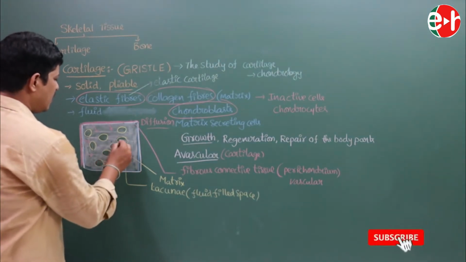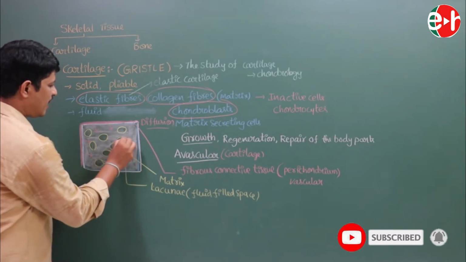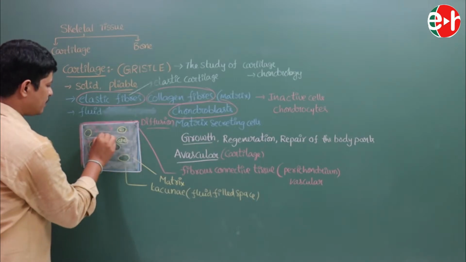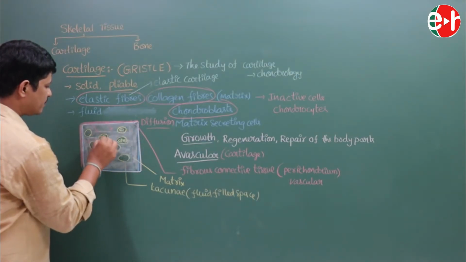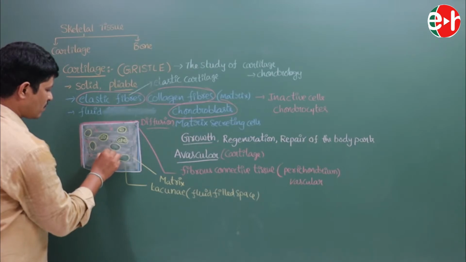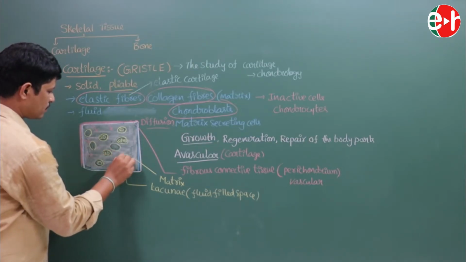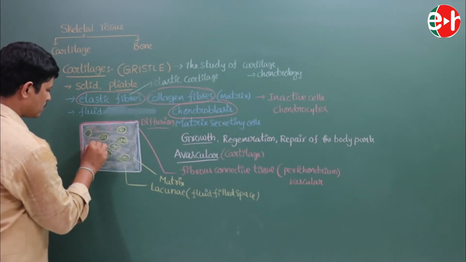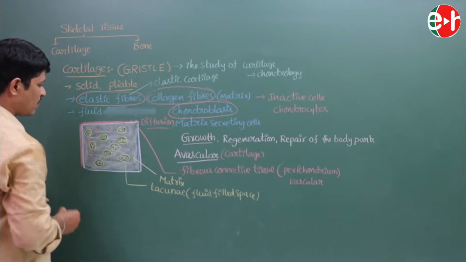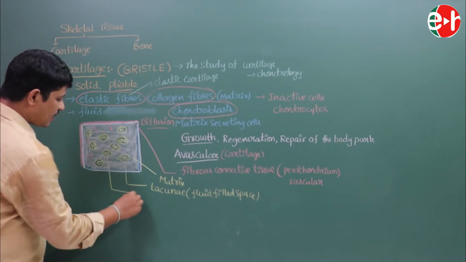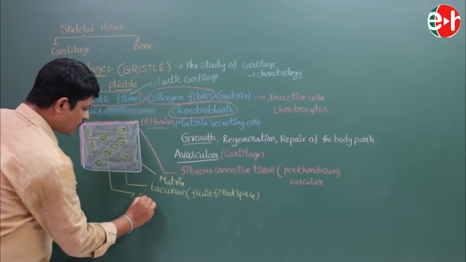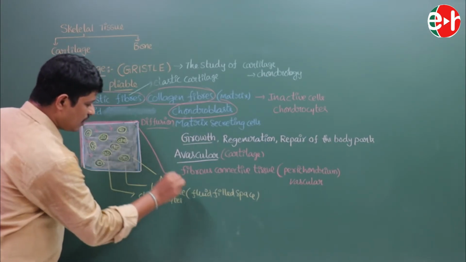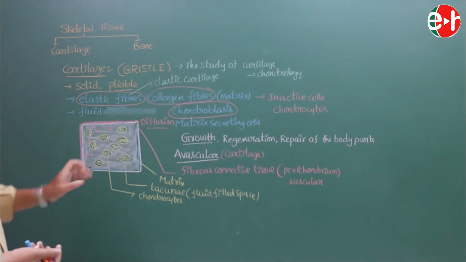Inside the lacunae, inactive cells are present. The inactive cells in the lacunae are chondrocytes. This is the structure of the cartilage.